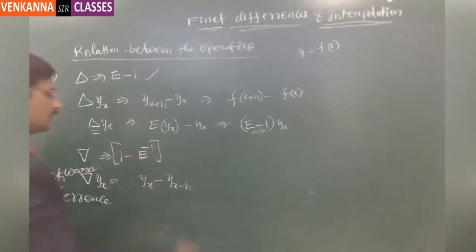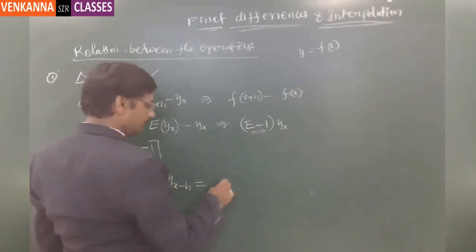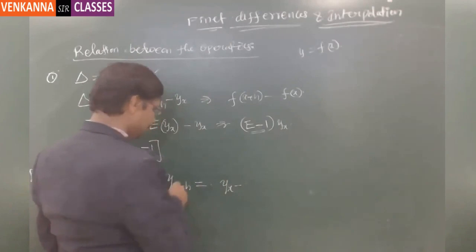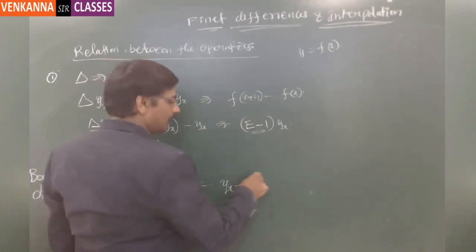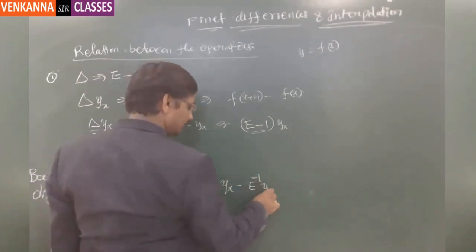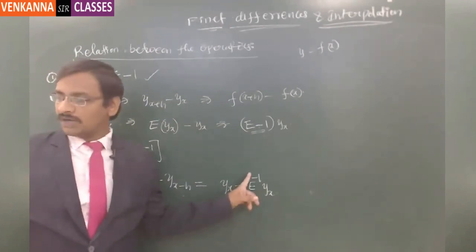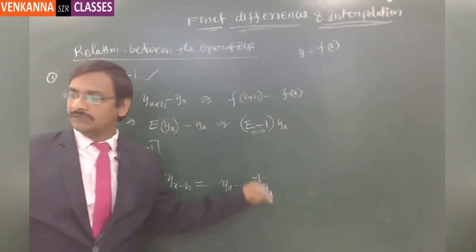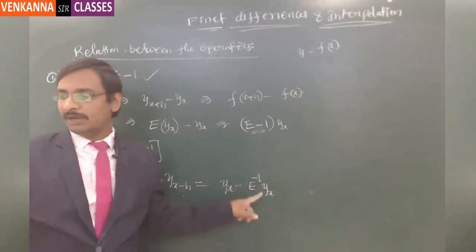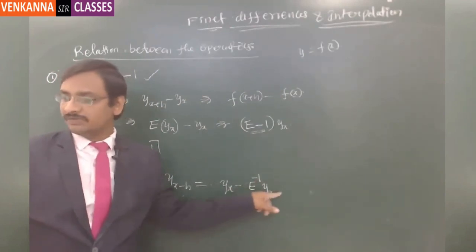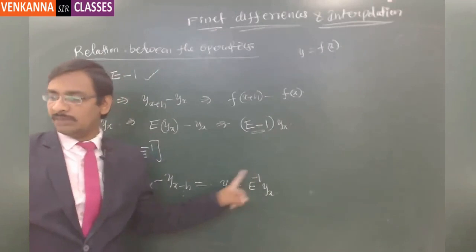Now here, if you put it in terms of the shifting operator, this is going to be E power minus 1 of y(x). Whatever may be the power, it is going to shift the value of y for an independent value of x, which is shifted by an amount of this power multiplied by h.